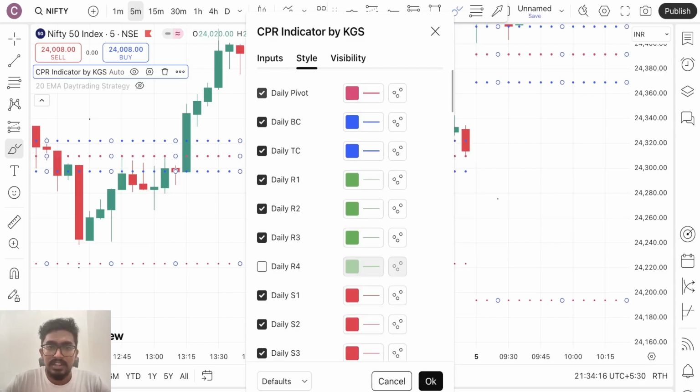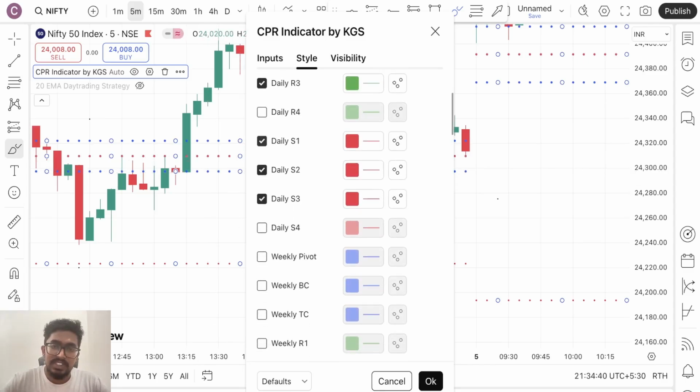In this daily pivot, it's a central pivot. I made it pink color, and bottom CPR I'm using blue, top CPR I'm using blue. So you can see this, I'm using blue and pink and also blue. Here is daily S1 support and S2, S3 support.